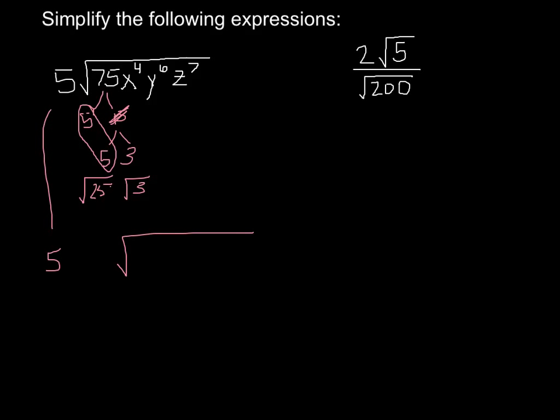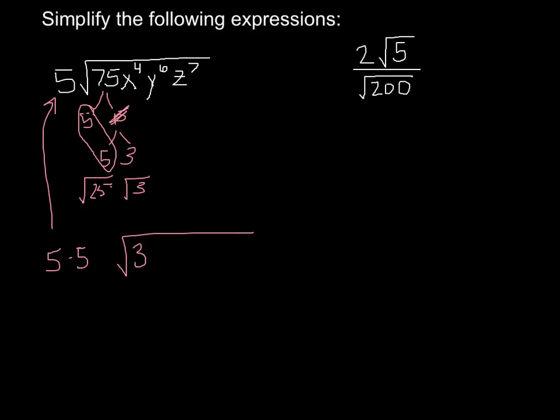That 5 comes from up here. And then I have this square root of 25 that I get below. So times 5. Now this square root of 3, I cannot take the square root of 3. So that goes inside the square root. It stays there if you can't simplify it.